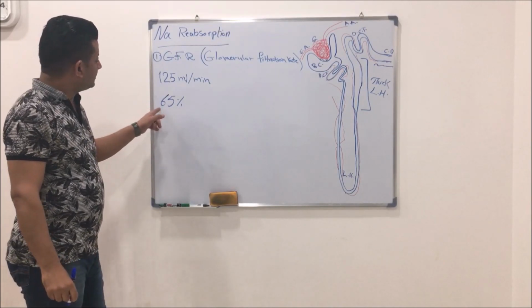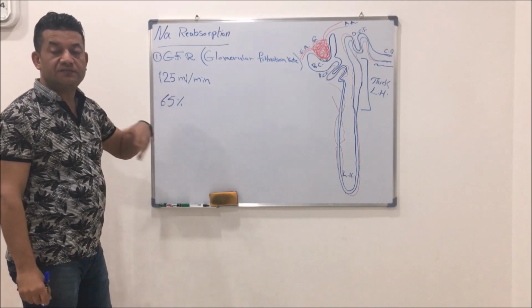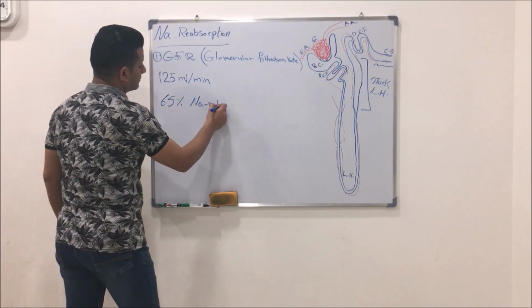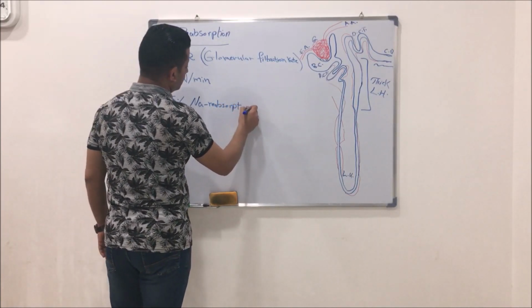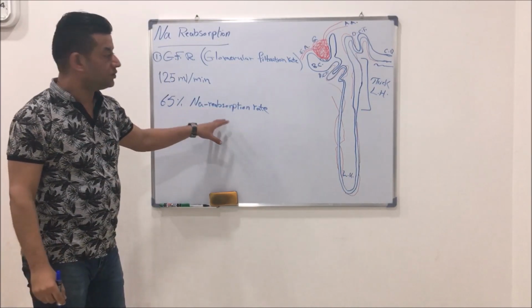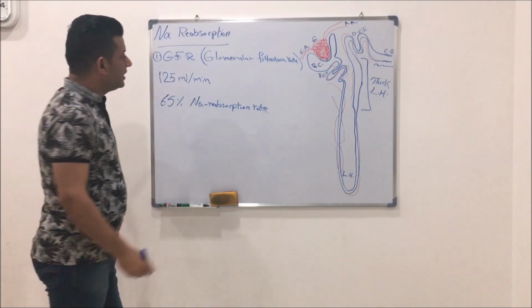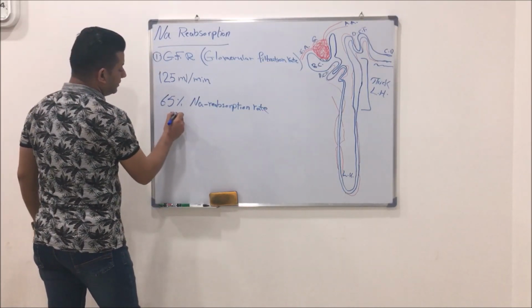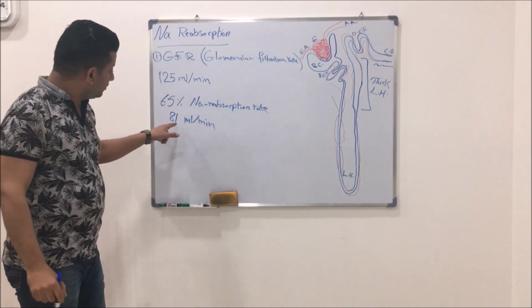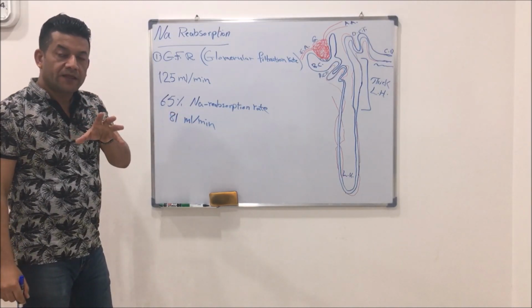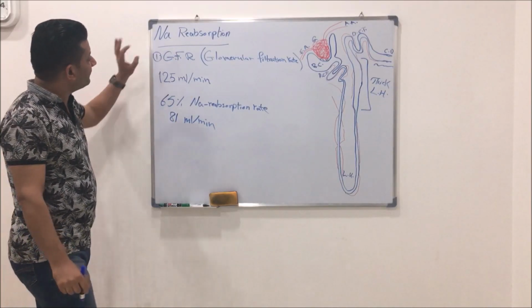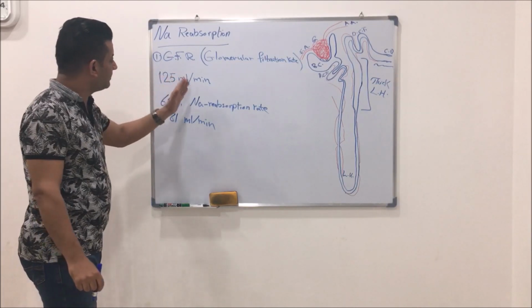So 65% of the GFR means about 81 ml per minute. 81 ml will be reabsorbed each minute when the GFR is about 125 ml per minute.